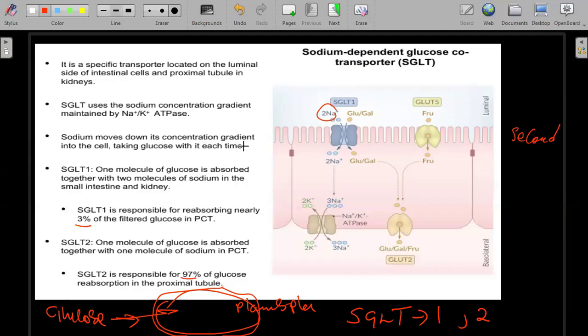Okay, so that's one type of transport. So we mentioned the SGLT1 and 2. Okay, so this one we are saying it uses sodium and glucose. So you are moving sodium and glucose in the same direction. Okay, so as sodium is entering, the glucose molecule is also going to be entering there. Okay, so that's one type of transport.